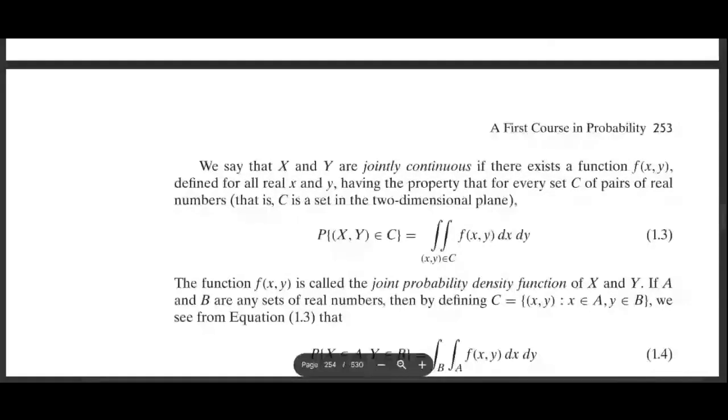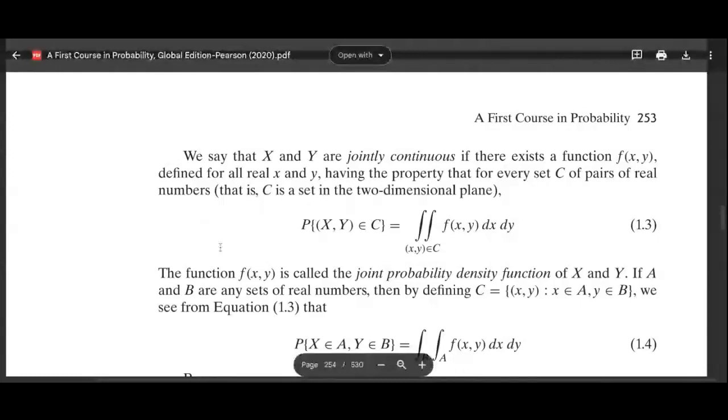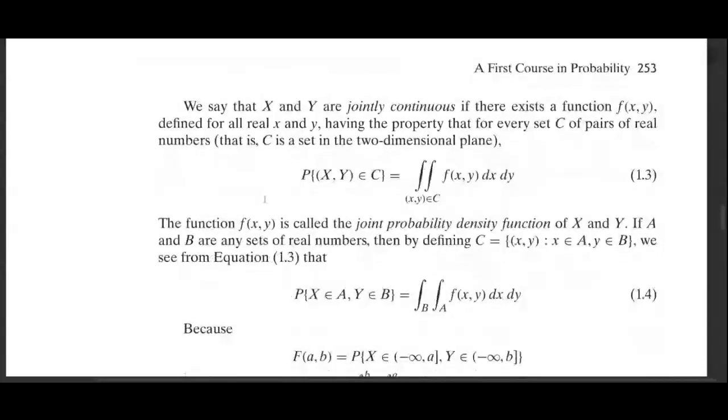We say that X and Y are jointly continuous if there exists a function f of x and y, defined for all real x and y, such that for every set C of pairs of real numbers, where C is a set in the two-dimensional plane, the probability equals a double integral.